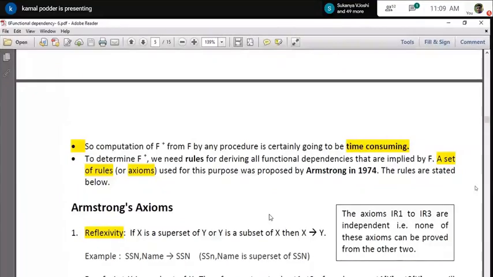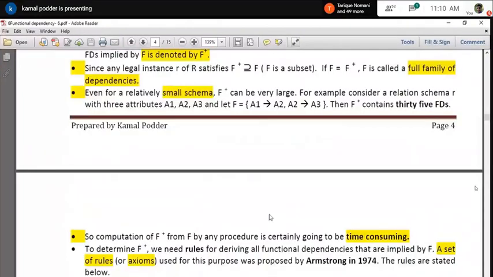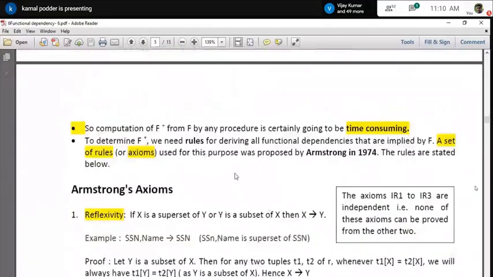If you try to find all the functional dependencies manually, you will find that for a medium-sized database it takes months. It is not so easy. So the question is, how to find out the F plus.